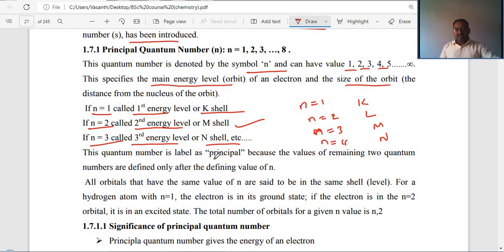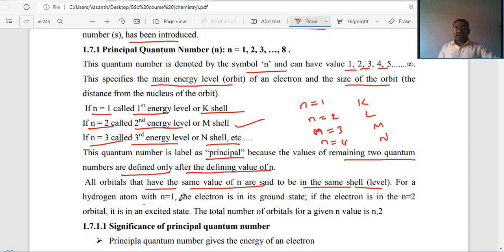This quantum number is labeled as principal because the values of the other two quantum numbers are defined only after the value of n is defined. All the orbits that have the same value of n are said to be in the same shell or level.